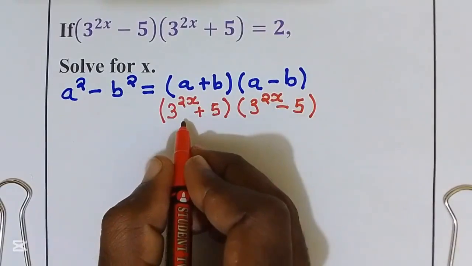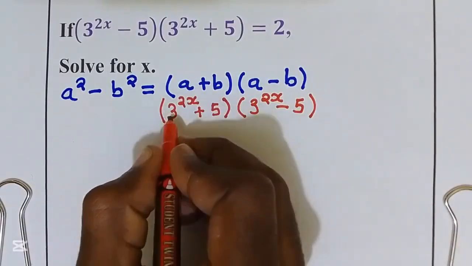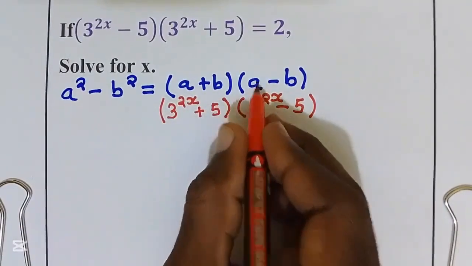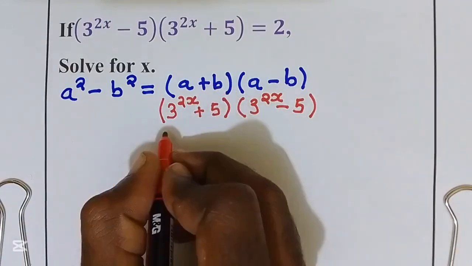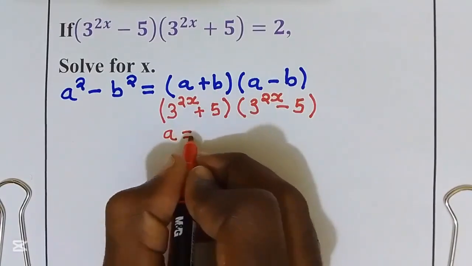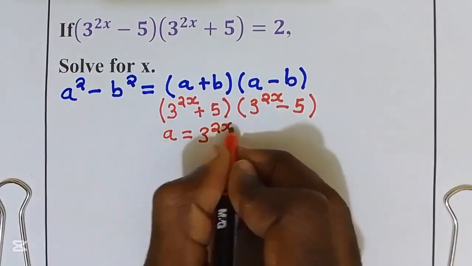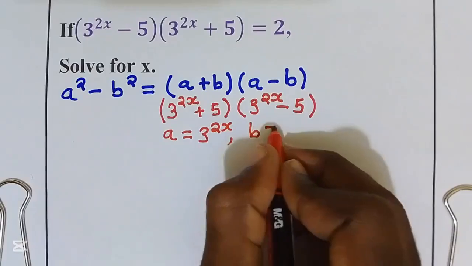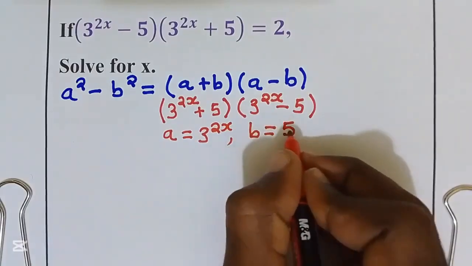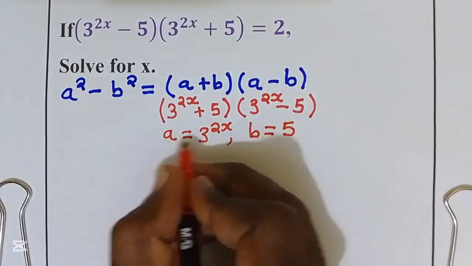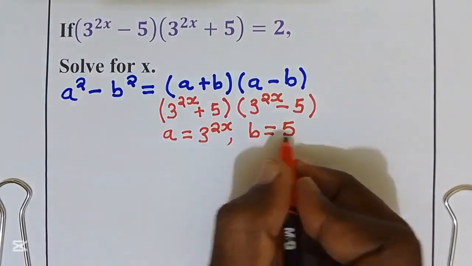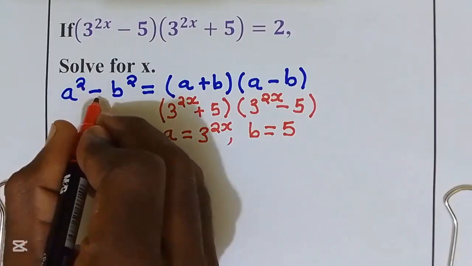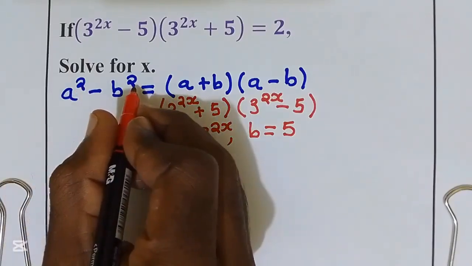When we compare it, we get a is equal to 3 power 2x, and b is equal to 5. Let's substitute a equal to 3 power 2x and b equal to 5 into a square minus b square.